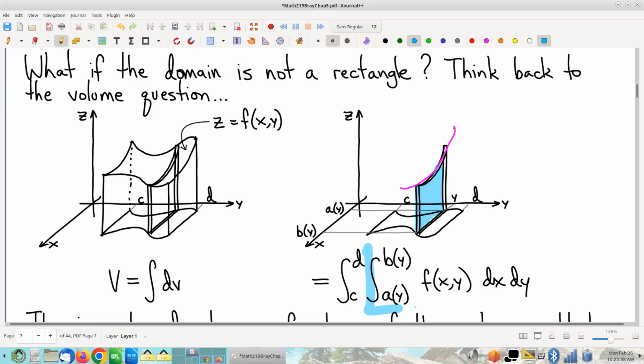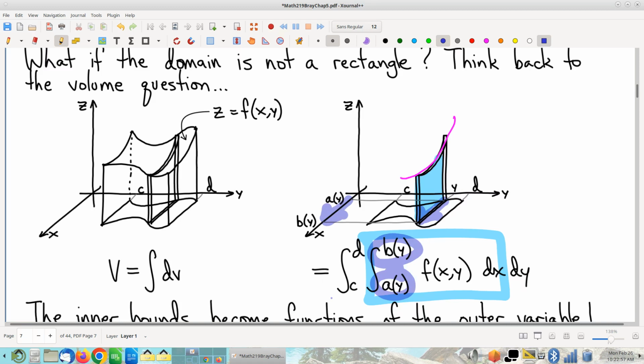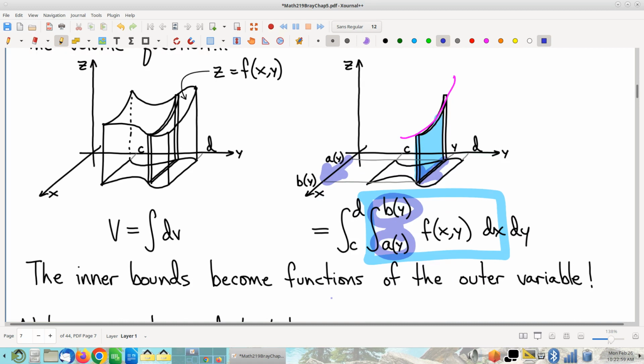This integral that we use to compute that area, if we look at the bounds, where does x start and where does x end? Those are now going to depend on y. That's it. That's the only difference. Simple as that. Those inside bounds are going to depend on y.